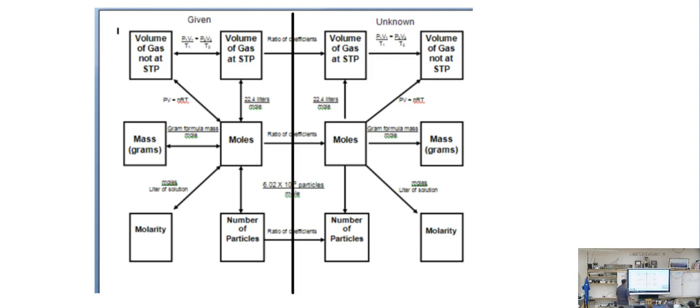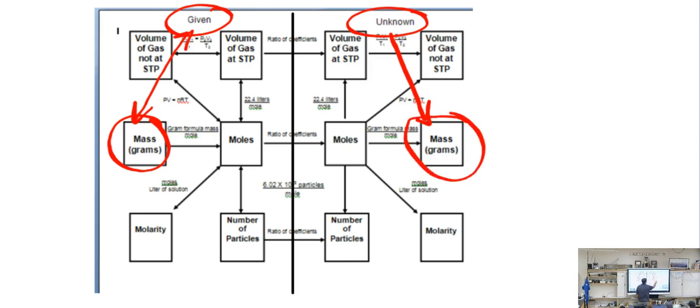What this map shows you is if you know what you're given and you know what you want to find, it will tell you the steps to take to get there. So if you will look real quick, today we've been going from the given of grams to the unknown of grams. To get there, we followed a three-step process.